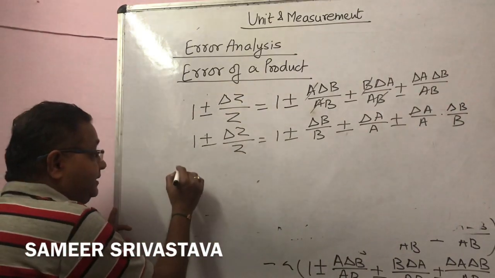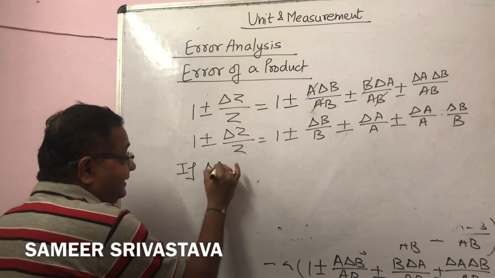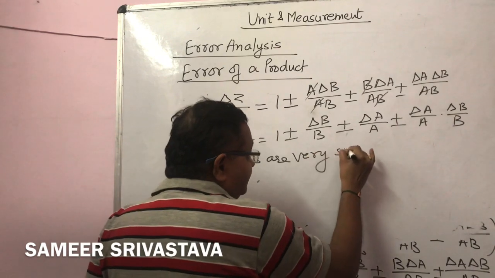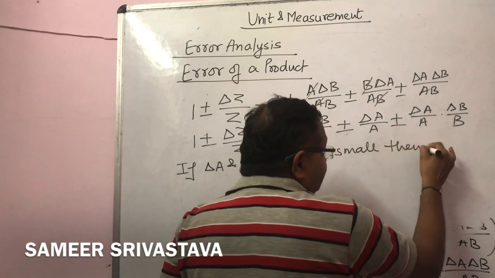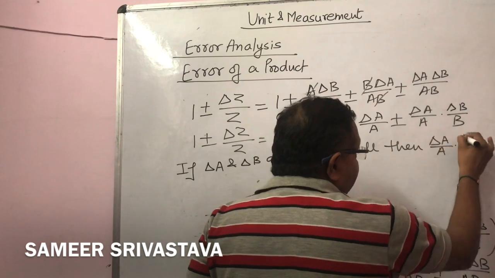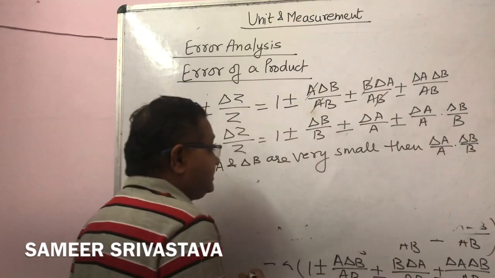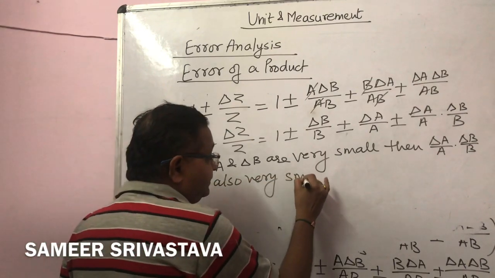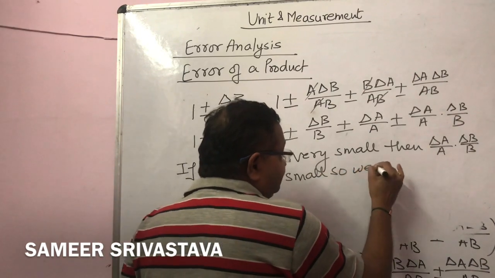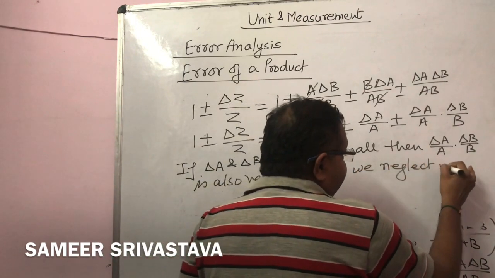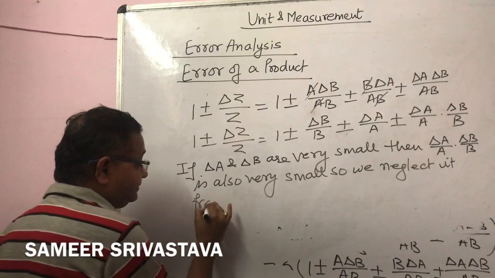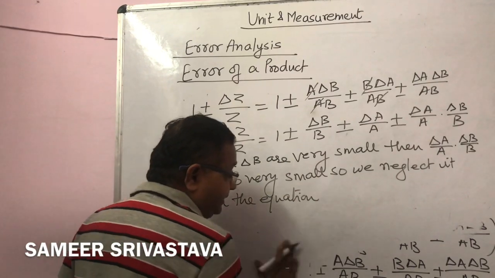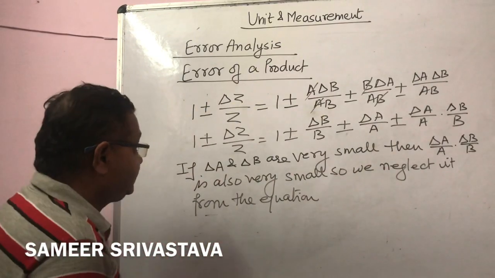What I am saying is, if delta A and delta B are very small, then delta A upon A into delta B upon B is also very small, so we neglect it from the equation. Okay. Now, what is next?